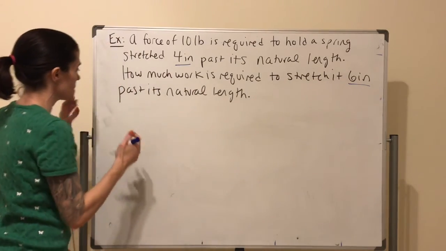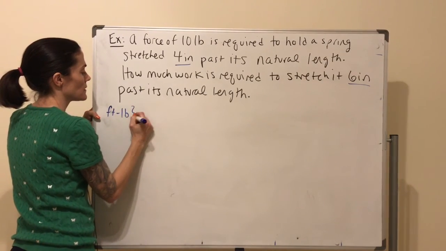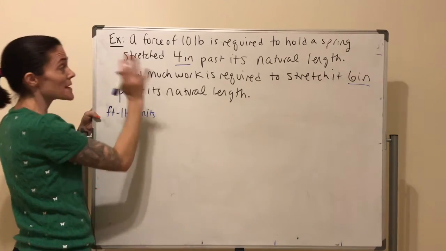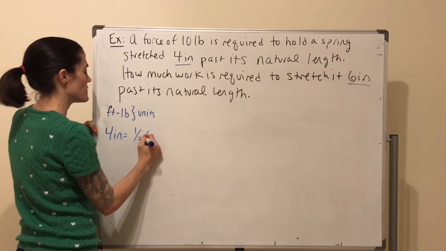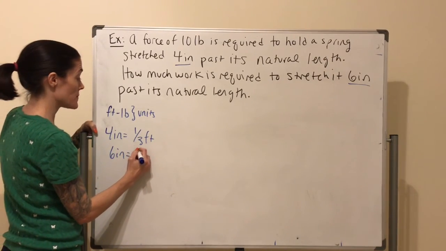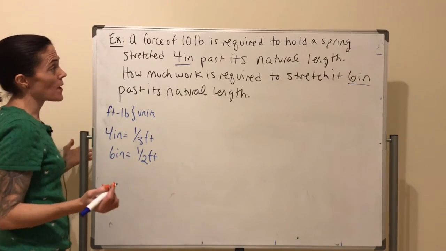We must convert. So to work in foot pounds, which is what we need, these are our units of work in U.S. customary, we must convert. 4 inches is 1/3 feet, and 6 inches is a half foot. Okay, very nice. That was step 1.